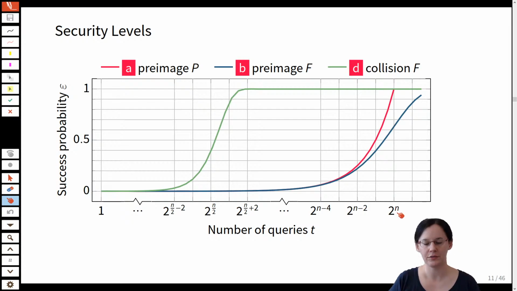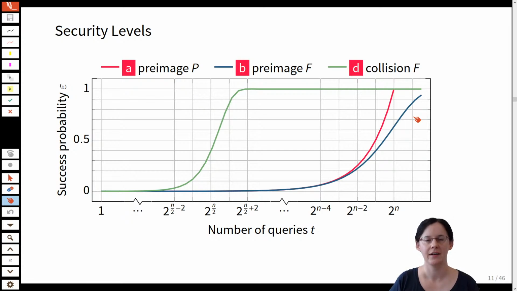However, even after I've tried 2 to the t possible messages for a t-bit output, I am not guaranteed to actually have found something, because I may have found some other tags twice, but not found the tag that I'm looking for. This is because this is drawn with replacement, meaning 2 different inputs can actually give the same output.